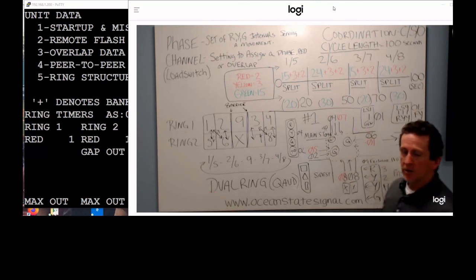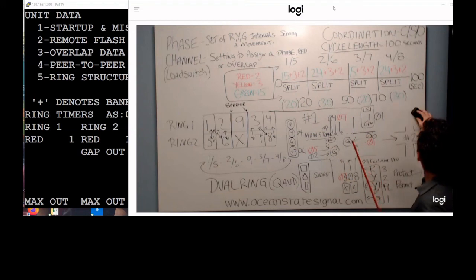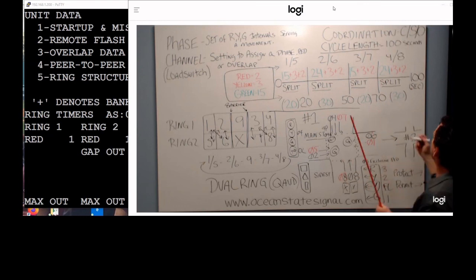Okay. So in coordination, basically there's 3 terms that you're going to be familiar with. Cycle or cycle length, split, and offset.